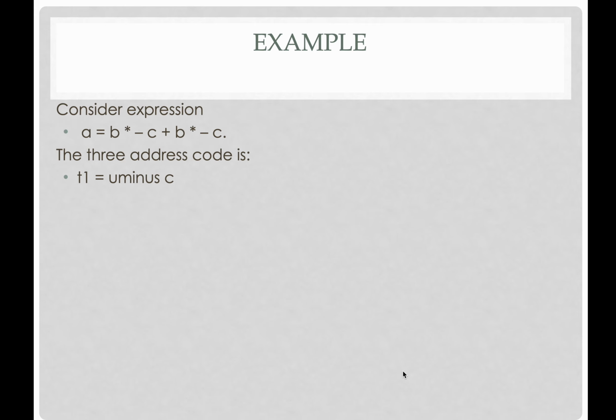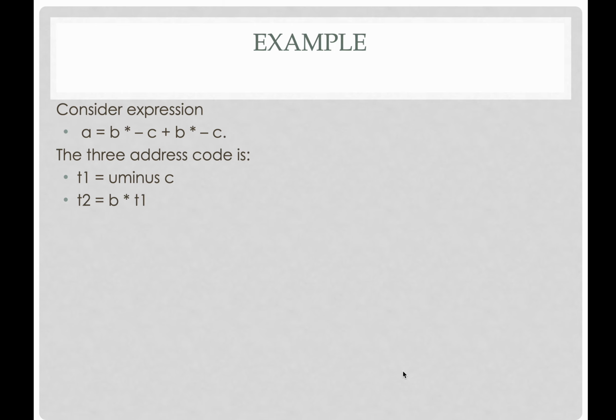Plus will divide the expression into two different parts. b * -c on the left side of the plus is one part, and the right side is the other part. Here we are evaluating the left side part of the plus first, because star has the highest precedence. So in t1 we are storing unary minus of c, and in t2 we are storing b * t1.